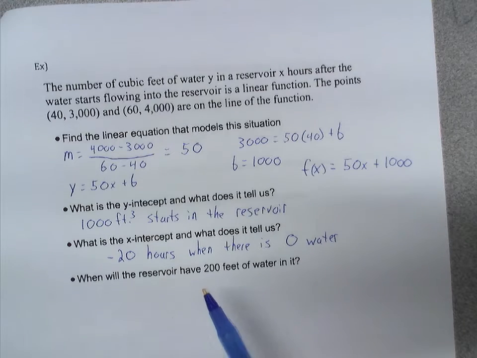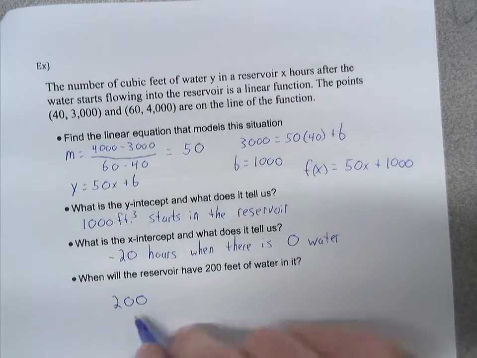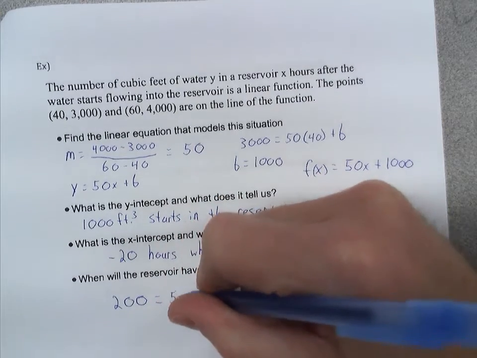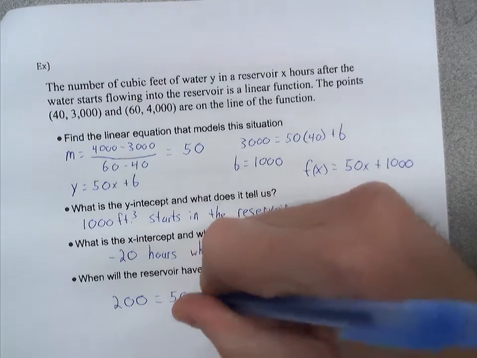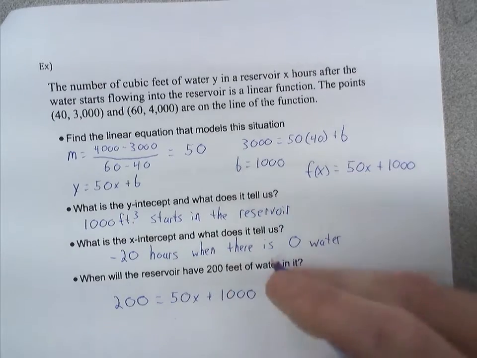Then we want to know, when will the reservoir have 200 cubic feet of water in it? We can simply put that in for y. 200 equals 50x plus 1,000.